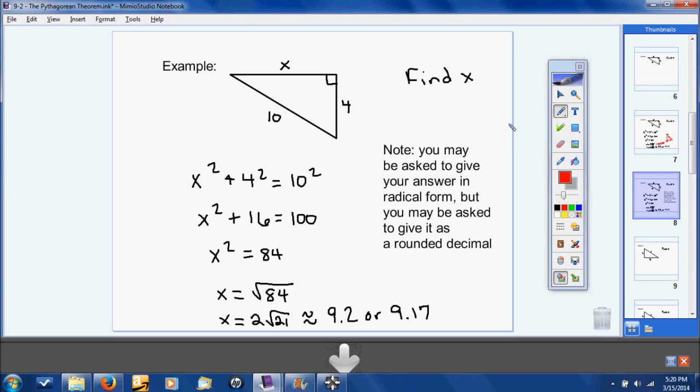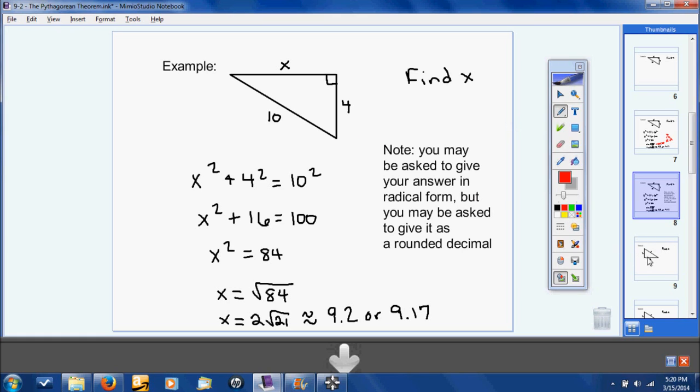Okay, you may be asked to give your answer in radical form, but you may be asked to give it as a rounded decimal. Okay, so do not forget your rules of rounding. They become important all the way through.